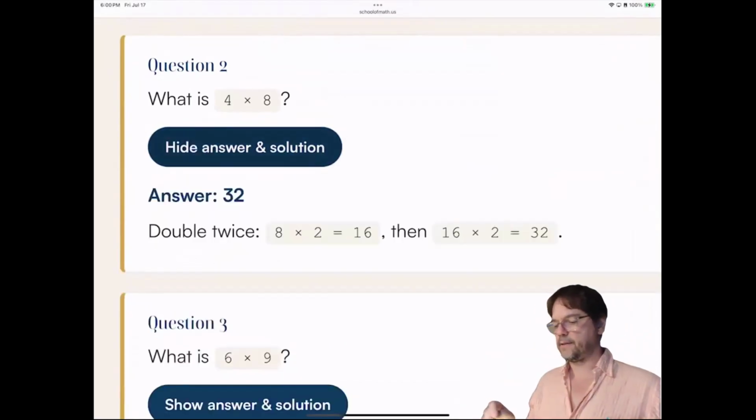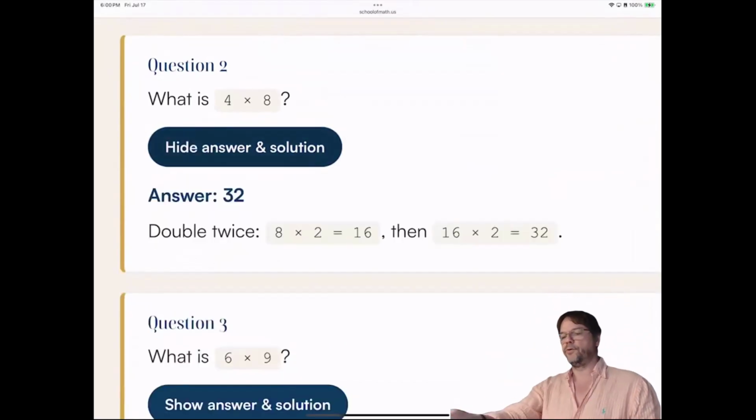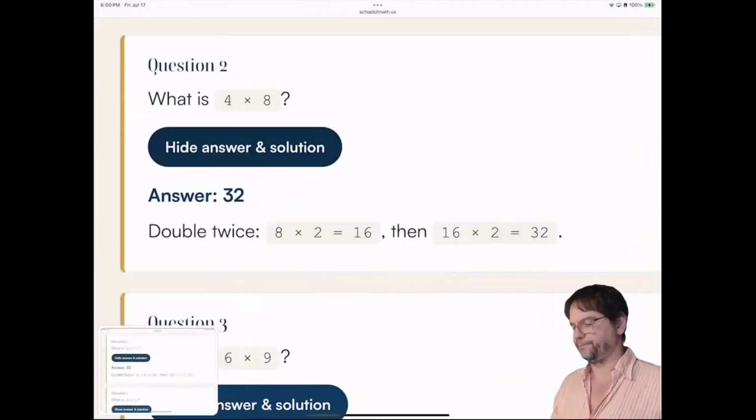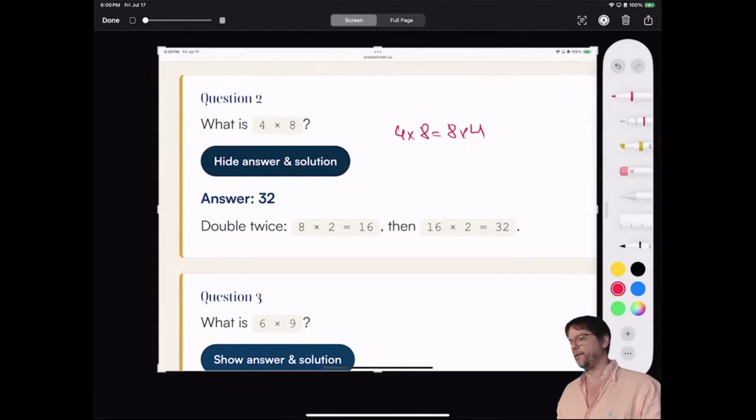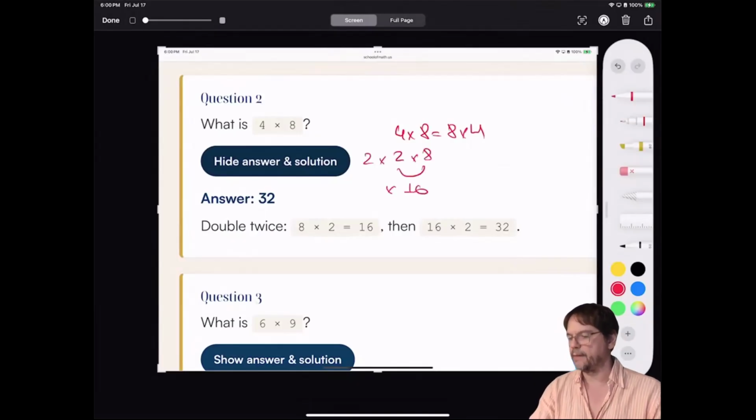32? Yes, 32. Do you agree that 4 times 8 is equal to 8 times 4, for example? Okay? Or I can do 8 times 2 times 2, 16 times 2, 32, and so on.